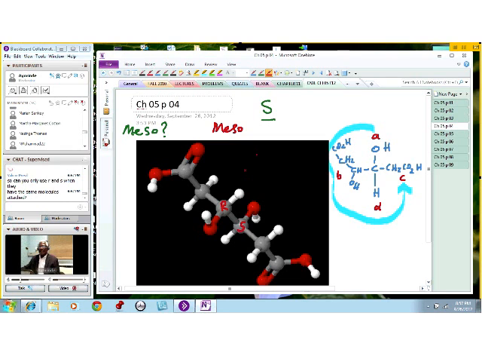Yeah, I get your question. That's an excellent question. At this point you could have used the plane of symmetry method, but the way this molecule is written, you will have to do something else to this molecule in order to see that plane of symmetry. I will show you that in class tomorrow.